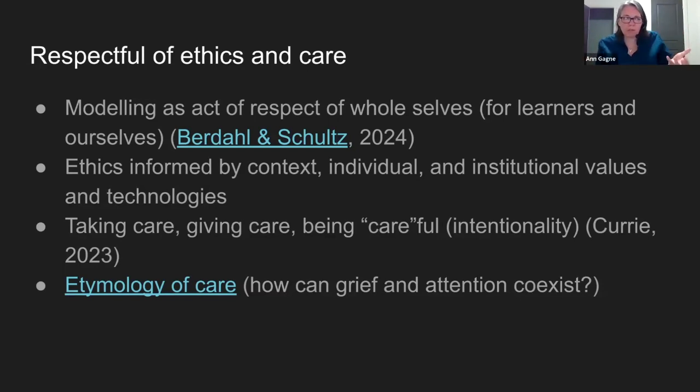So care comes from the Old English, and has an aspect of anxiety and grief and sorrow. But it also comes from this idea of giving something serious attention. And so my part of this manifesto is I want us to think about how, as designers, we can carry that grief, but also that attention at the same time and allow that to coexist. So that's my piece. Thank you.